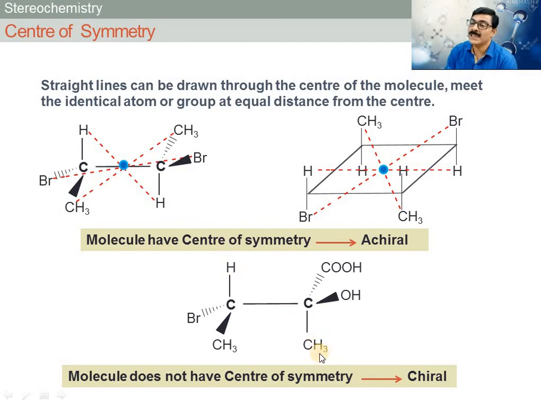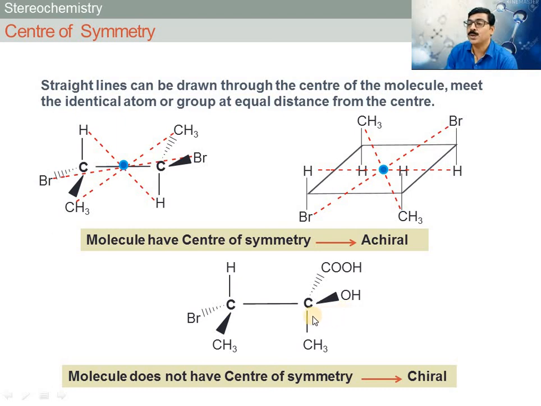If you draw the second straight line, then on this straight line, the first group is CH3 and the second group is COH. So it is again not identical. If you draw the third straight line, then one atom is bromine and the second is hydroxy group. So again it is not identical.